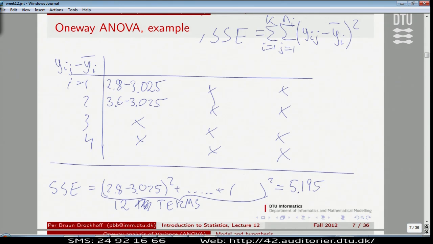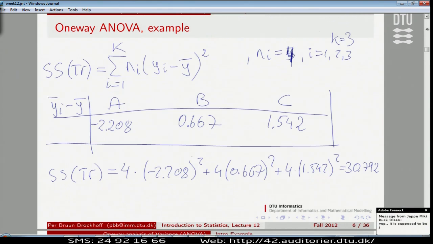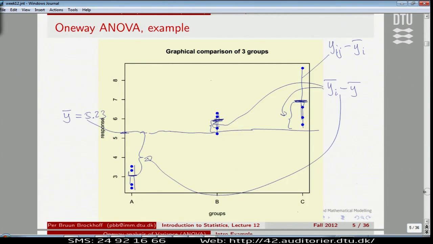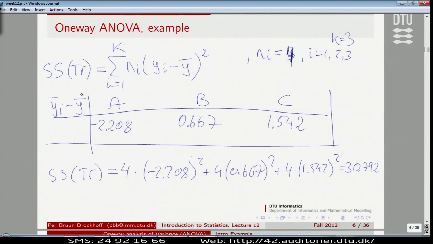Computing how much variability we have within the groups, the error variability, and how much difference we have between groups. And this is why we call it analysis of variance, because this is really the way we measure differences of groups, by means of the variability of group means.